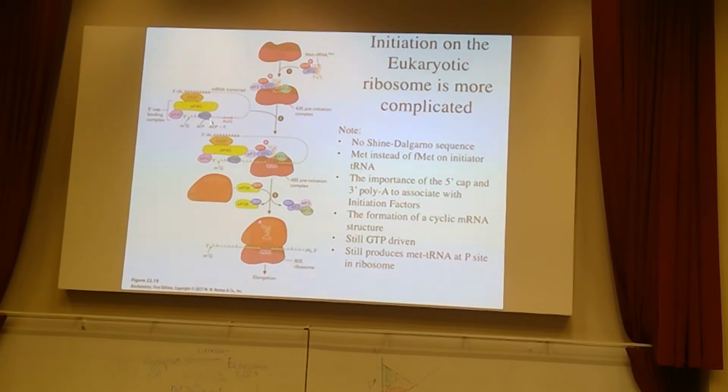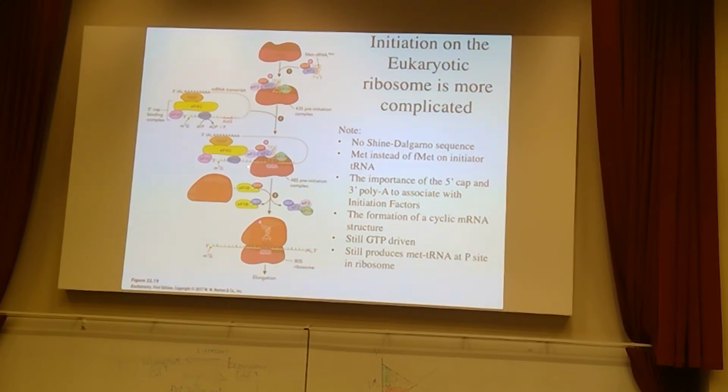These proteins are sitting in a very particular location, just upstream of the AUG that defines the start codon, and this is what tells the ribosome to start at this position versus another. There can be some ambiguity here. Sometimes different start codons can be recognized, and so that will generate slightly different polypeptide products.